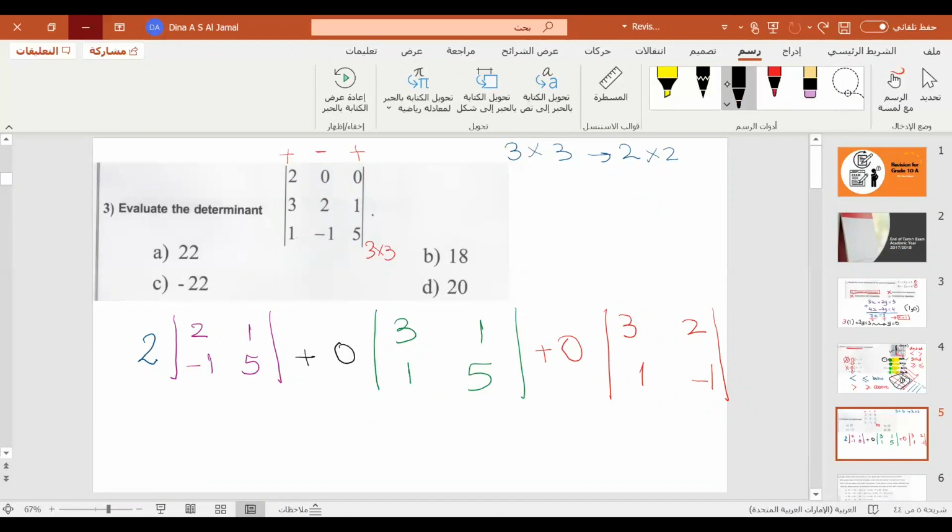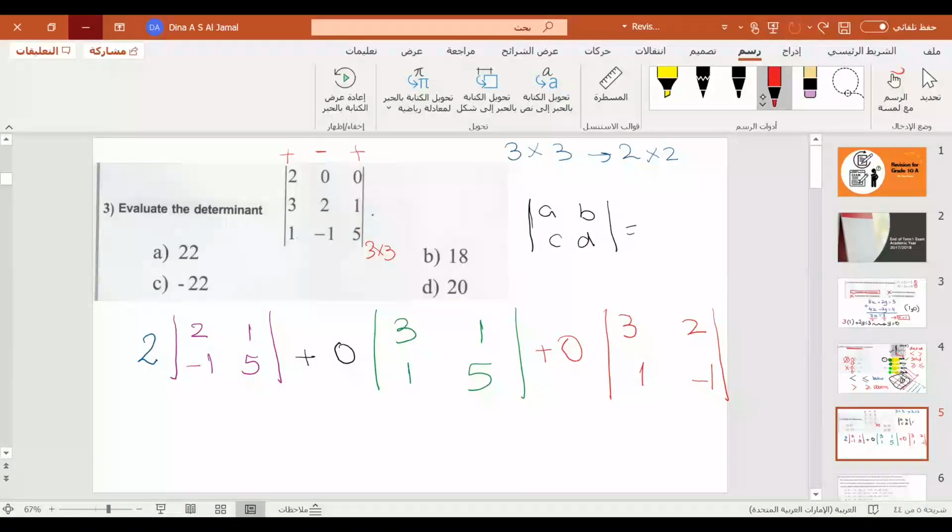Now, let me revise with you the 2 by 2 determinant, A, B, C, and D. Your 2 by 2, it's all about this arrow. Look at where I started.